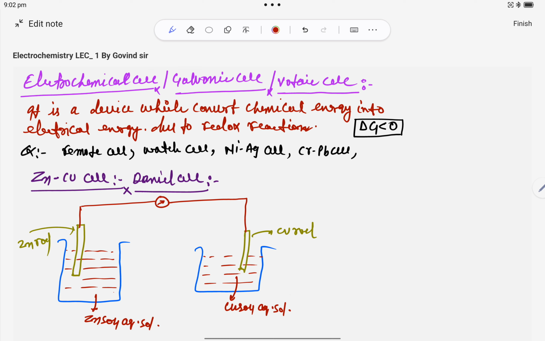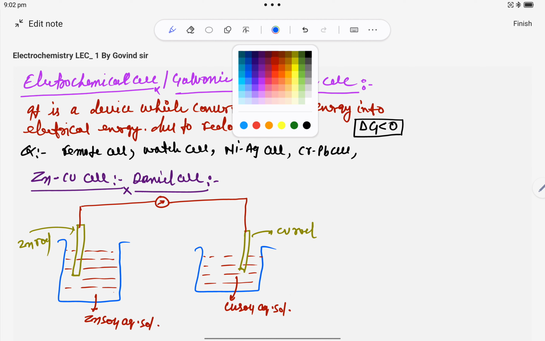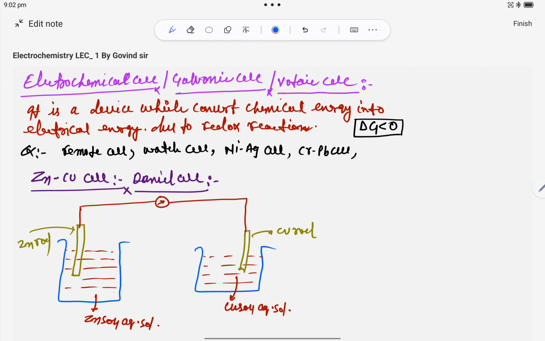So what happened, children? In that case, a redox reaction happened. Here Zn+2 ions are coming into the solution from the rod. If positive ions come into the solution, then negative charge density, that means electrons, increases in the rod. What's happening in the copper sulfate solution?